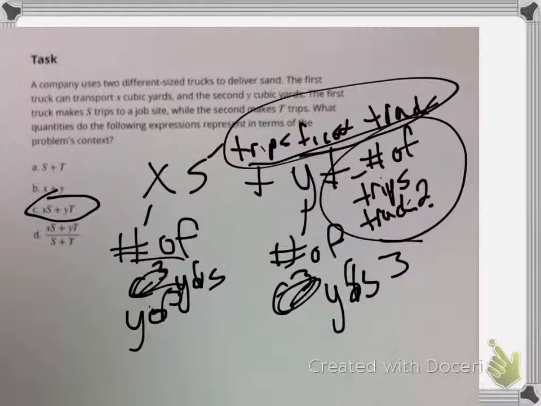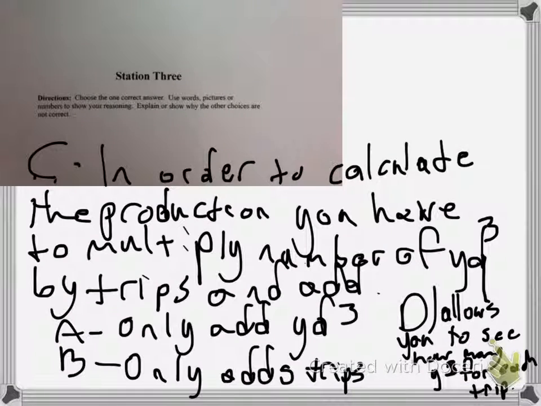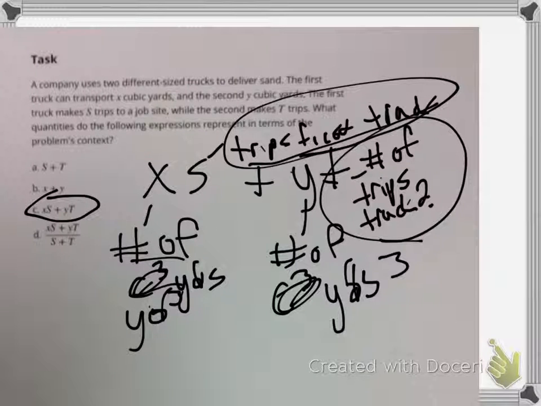Now this first one's wrong because we're going to have to look at this in the next slide. We're trying to calculate how many cubic feet the trucks deliver for the number of trips. Now, s and t would just tell me how many trips they have. x plus y would tell me the cubic yards in both trucks at one time.